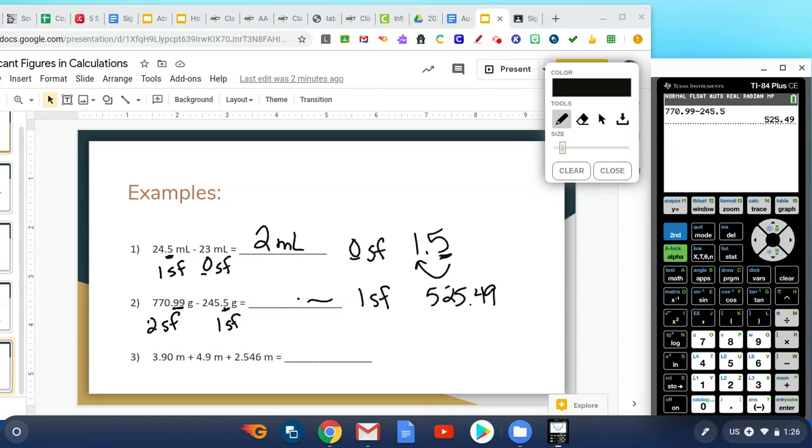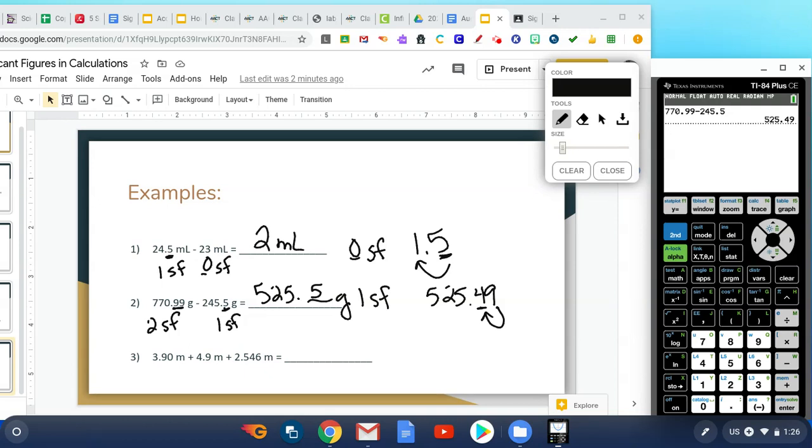So I can only have 1 sig fig to the right. The next number over causes that to round up, so I should report this as 525.5. And I've got grams minus grams, so grams is also my unit.